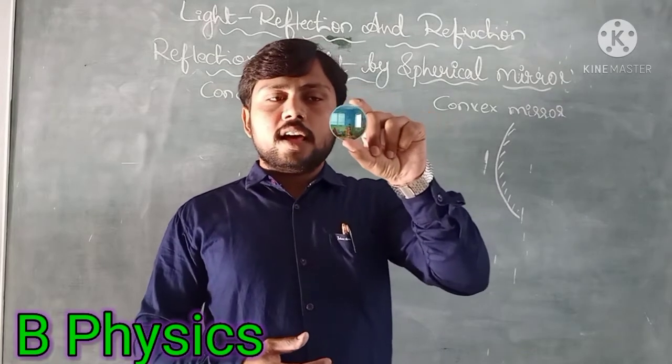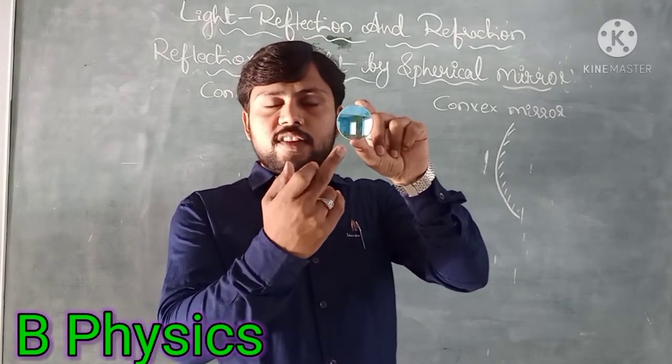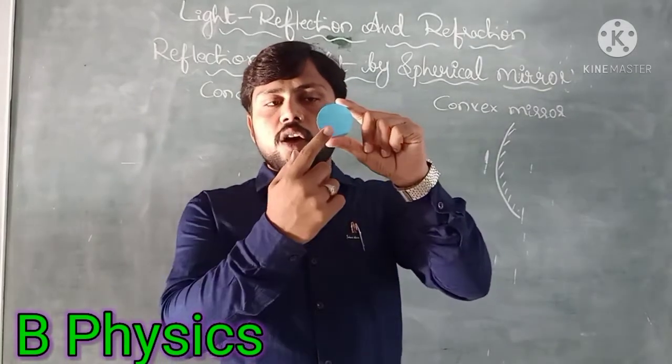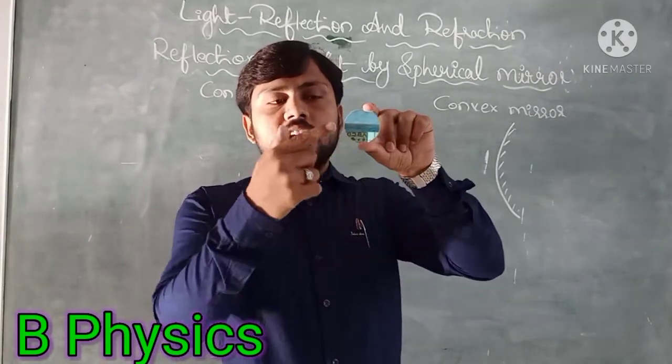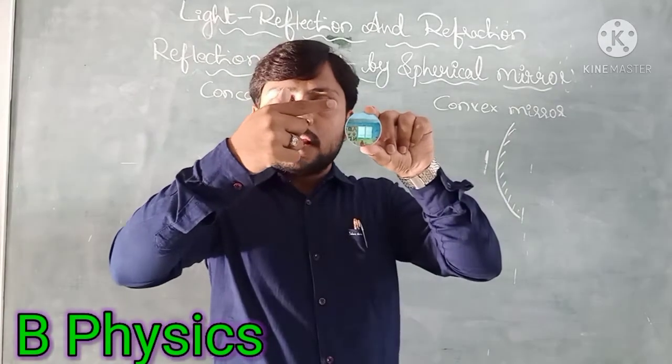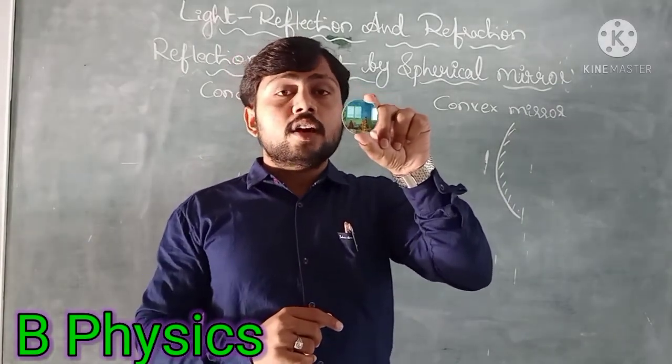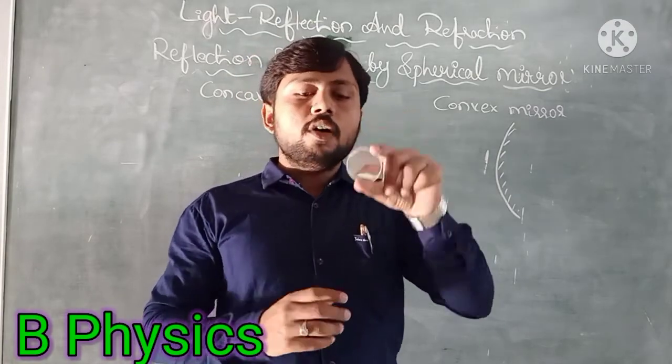See, in this mirror, one side surface is highly reflecting and the other surface is opaque, and the reflecting surface in this mirror is curved inward. So this type of mirror we call a concave mirror.